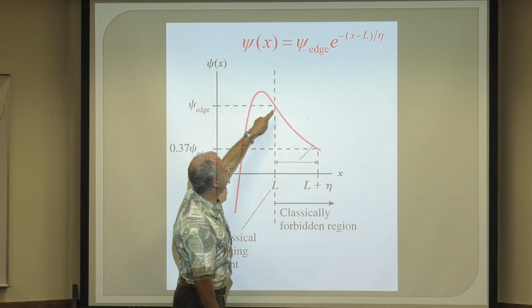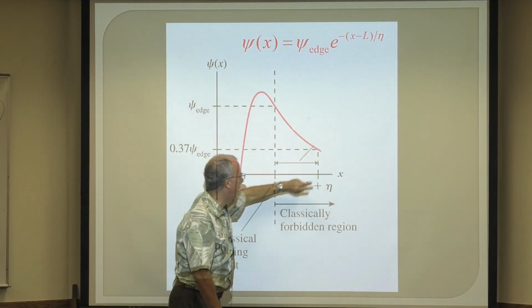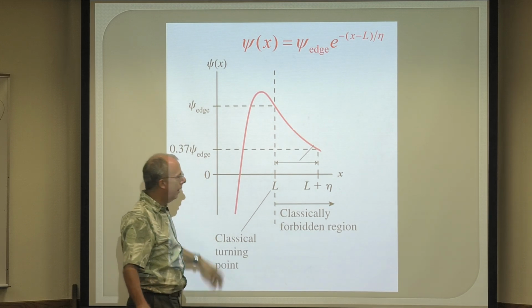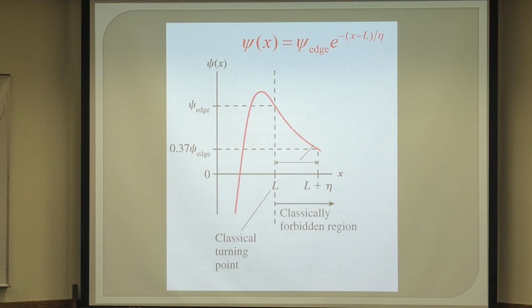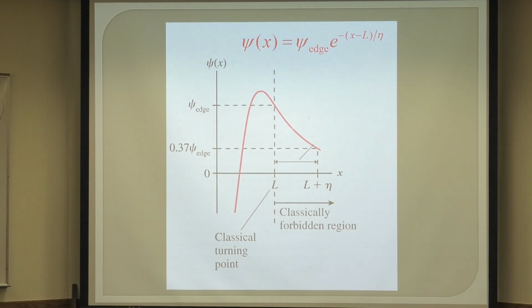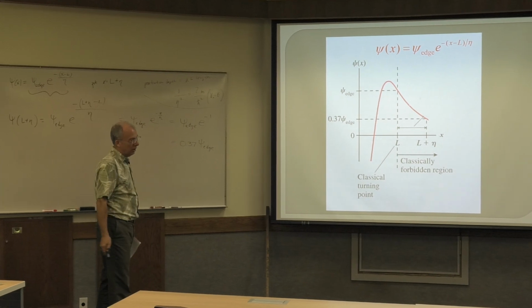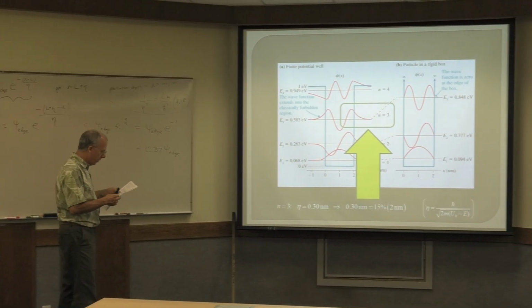Here's psi edge, and when you go eta into the classically forbidden region, the wave function is 0.37 psi edge. That's all. And what would it be if you went 2? It would be probably e to the minus 2. So it's mathematically simple, because then you can go e to the minus 1, e to the minus 2, e to the minus 3. And we saw that in other classes, especially in Physics 220. Okay, so let's do some examples.